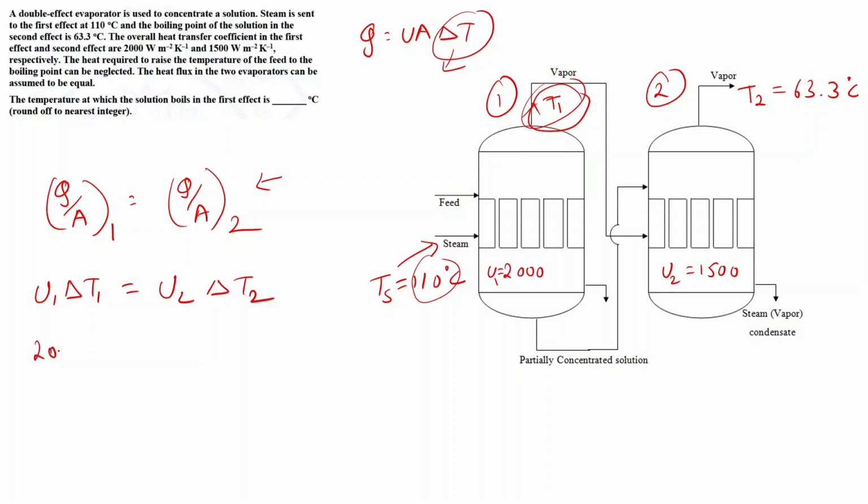U1 is 2000, delta T1 is 110 minus T1, and similarly 1500 into delta T2, which is T1 minus T2.